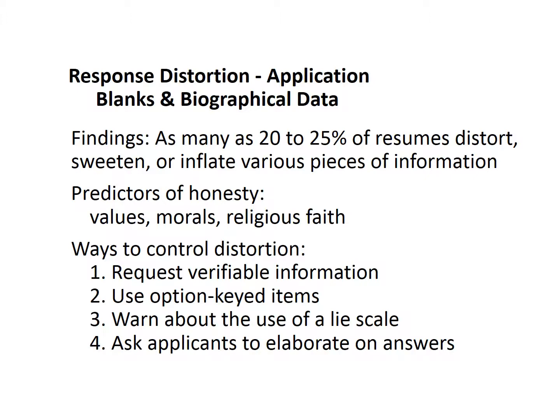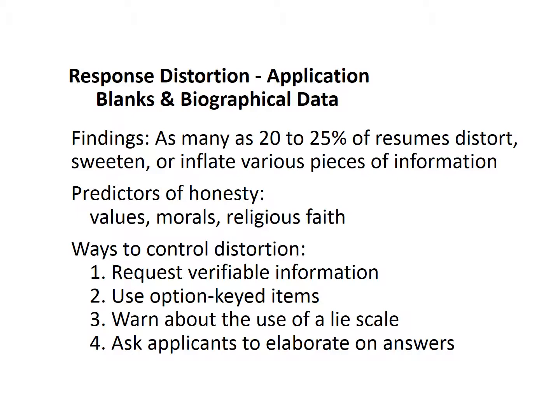There are other ways to control distortion. Request verifiable information. So basically, if your application blanks and your biographical data requests are all focused on verifiable information, in other words, simply when did you start, when did you end, what level did you finish at, those are things that can be easily checked on and are less likely to be distorted. Generally, it's been found there's less distortion in option key items.